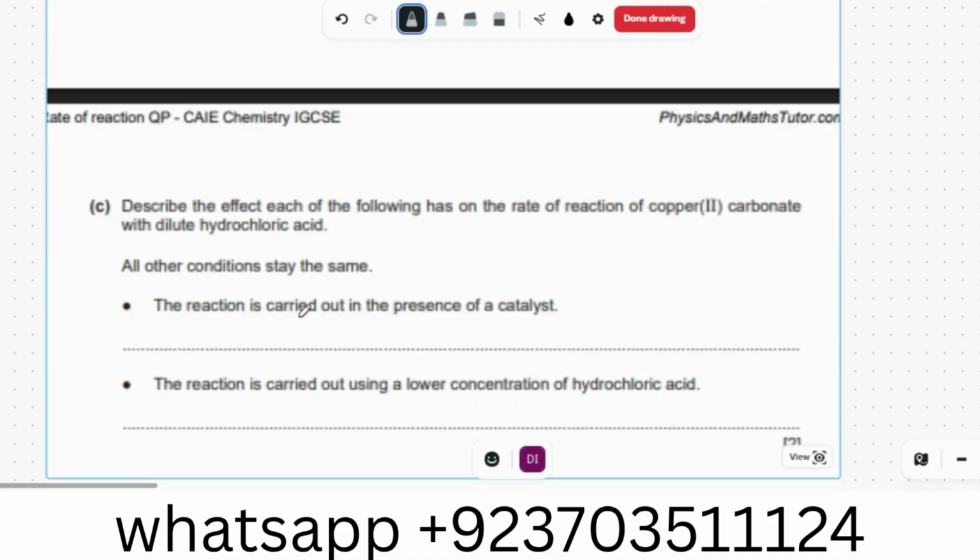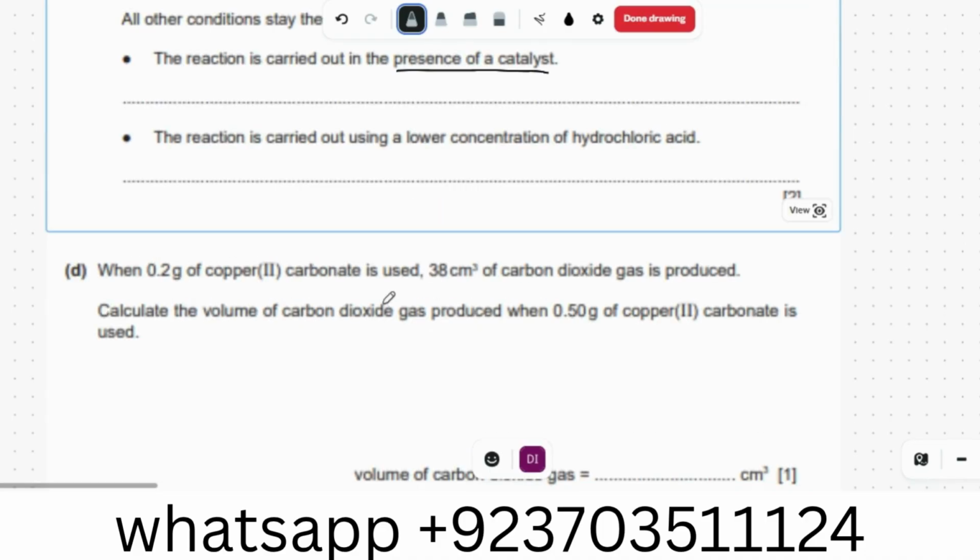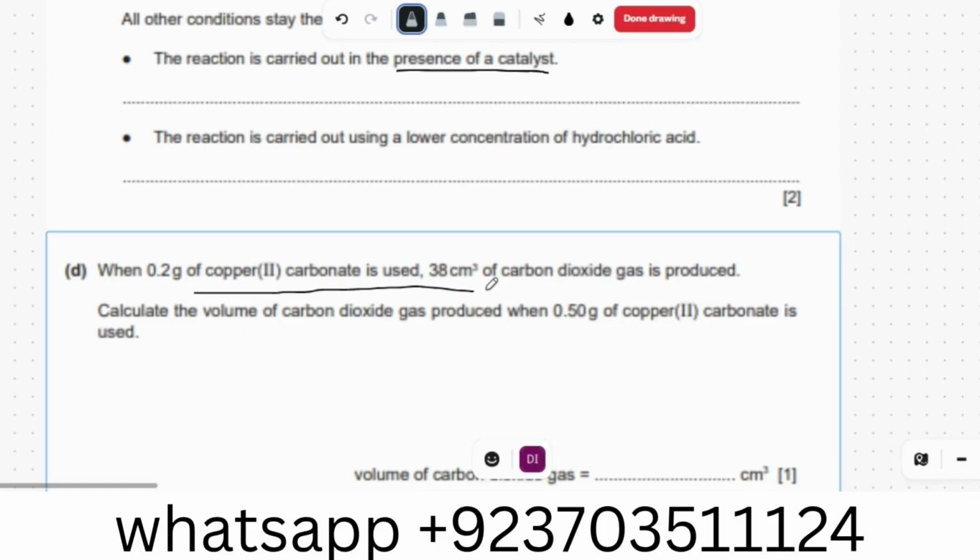Describe the effect of using the following on the rate of reaction of the copper. The reaction is carried out in the presence of a catalyst, so less energy is needed. Because of less activation energy, the reaction will be faster. Carried out using a lower concentration, there are fewer molecules, so fewer molecules will react. 0.2 grams of calcium carbonate is used and 38 centimeter cube of carbon dioxide gas is produced.